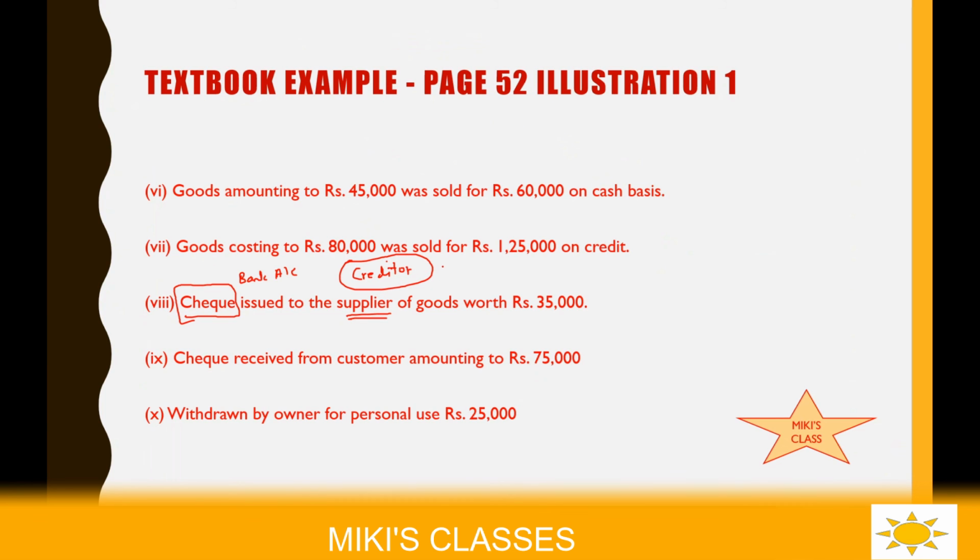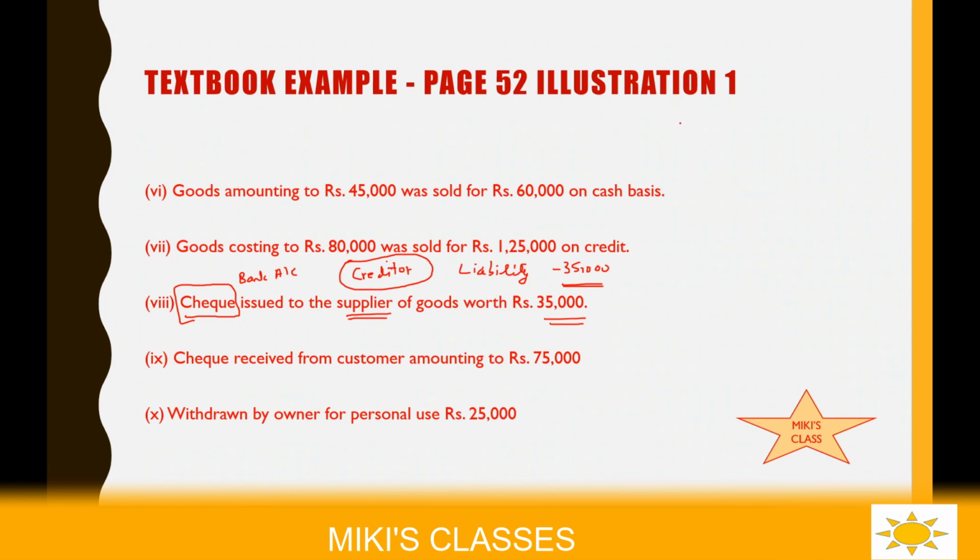So a liability has reduced because you have made a payment to someone to whom you had to make a payment. There was a payment of 35,000 to be made, and that was a liability earlier for you. Now you have made that payment. So which means a liability which you had has reduced by 35,000. Correct? The liability has decreased by 35,000. What is the journal entry for this?